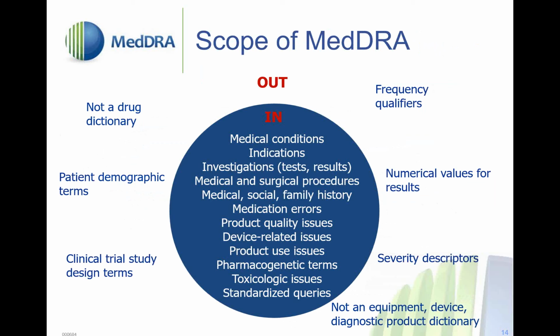So you're not going to see terms in MedDRA for severe or mild or moderate, except in rare circumstances, like, for example, mental retardation. The same for types of drugs or types of equipment, types of devices, types of diagnostic products are out of scope of MedDRA. But for example, events related to device use or events related to combination device drug use can be included in MedDRA.